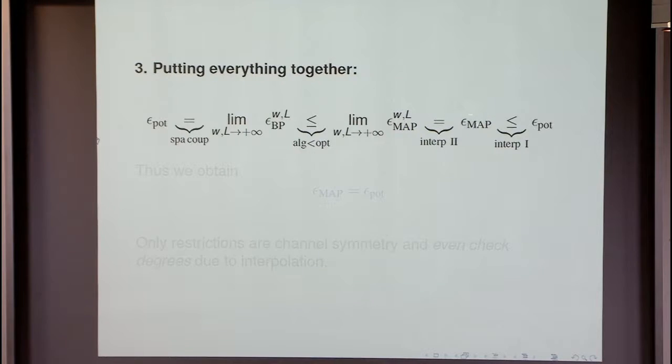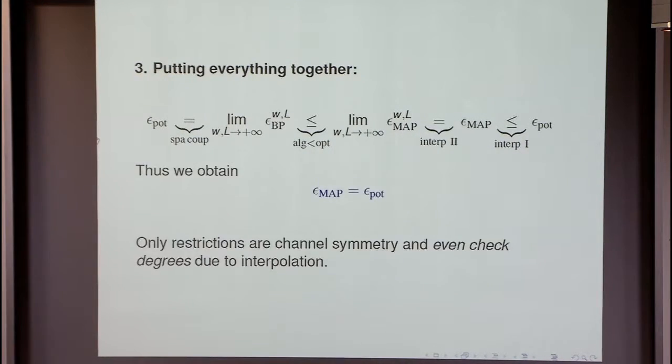By one variant of interpolation, this map threshold of the coupled system is equal to the map threshold of the original system, which by this old Guerra type bound is less than the potential threshold. Okay? So basically, all these thresholds are equal, and in particular, the map threshold and the potential threshold are equal. Okay? And this ends the proof of this theorem.